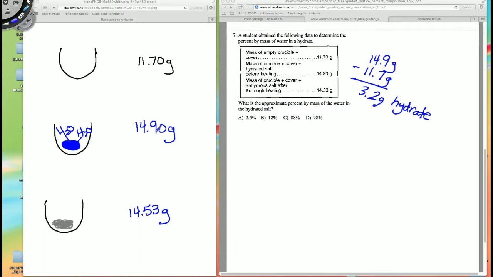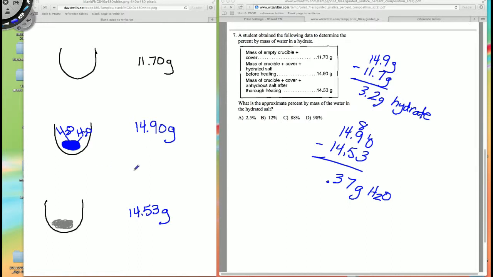So we can do 14.9 minus 14.53, which is 0.37 grams of water. Now you could have done it another way. You could have figured out the mass of the anhydrate by subtracting 14.53 minus 11.7, and then you would have the mass of the anhydrate and the mass of the hydrate, and if you subtracted those, you would get the mass of the water.